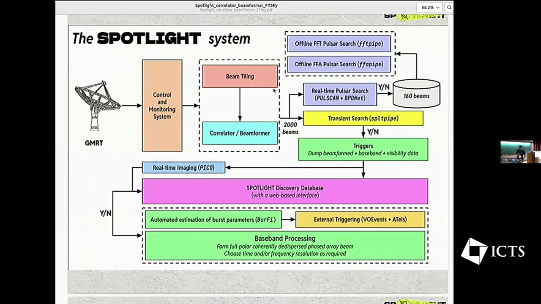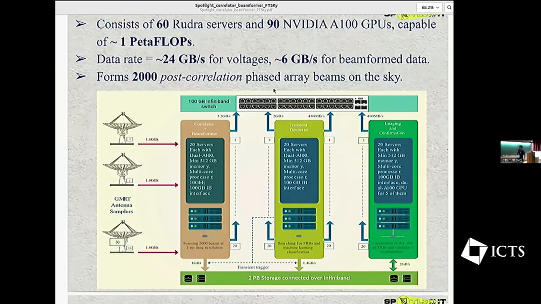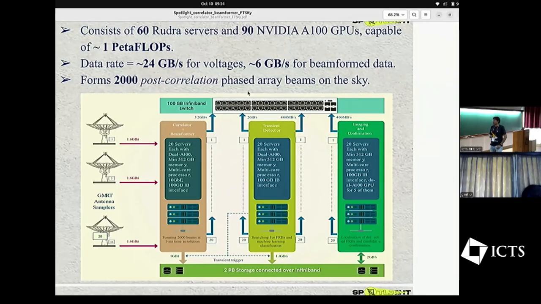This is the same block diagram which Jayanta has explained. I will be explaining about the Correlator and Beamformer, and a little bit about the controlling and monitoring system because they are interconnected. For Spotlight, we have a total of 60 servers, which are Rudra servers, which yesterday Ashish and team explained, with 90 A100 GPUs, giving good compute capability.